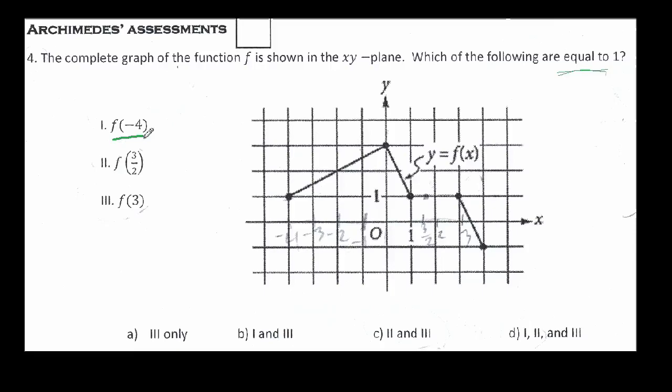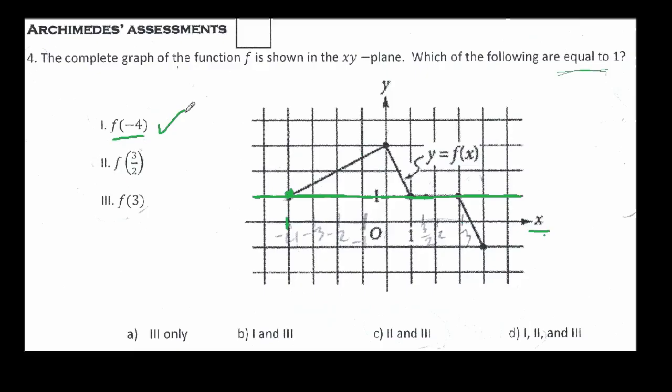The output 1 exists on this line on the graph. The inputs exist on the x-axis. So at x equals -4, that's right there. X equals -4. Is that at 1? Yes, it is. So that one works.